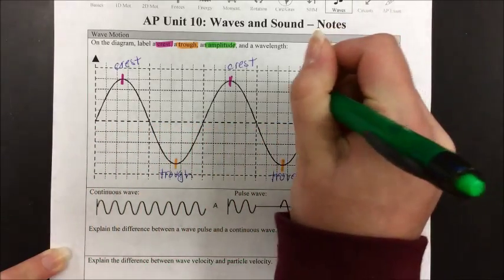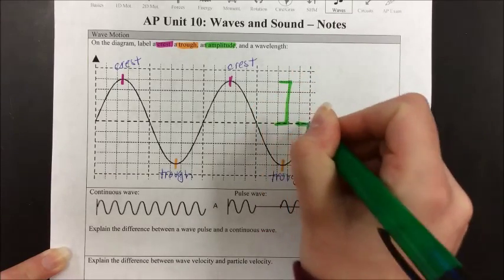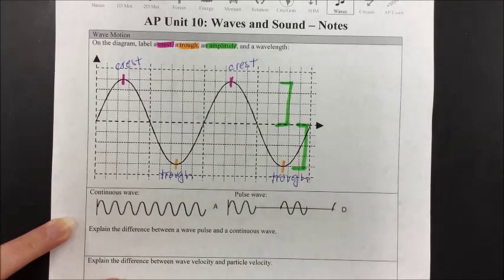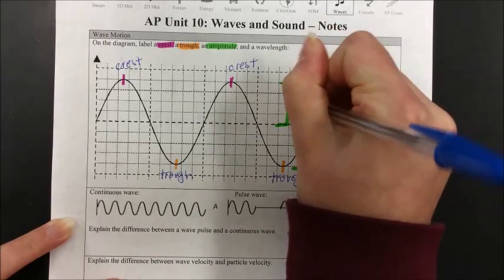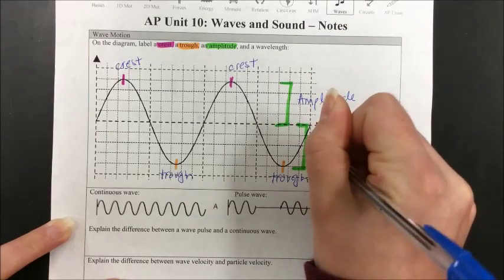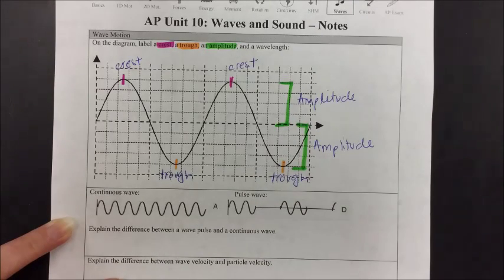So the maximum displacement is going to be from the top to the middle or the middle to the bottom. Both of those are going to be amplitude. And if you remember, this actually looked the same as our position time graph for our simple harmonic motion.